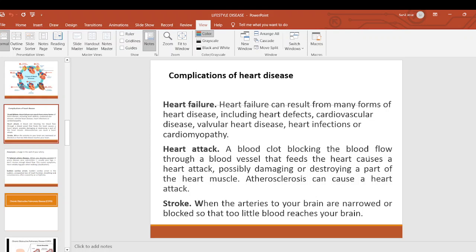Stroke simply means some blood vessel in the brain is ruptured and a lot of blood has leaked into the brain cells, so that the brain cells may not be able to work. They will also die. Stroke is also a major cause of problems, and it is related to the working of the heart or the circulatory system.